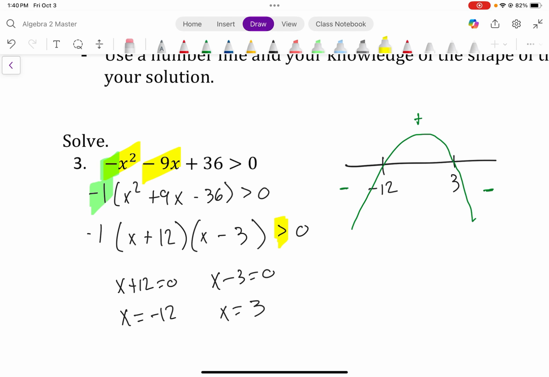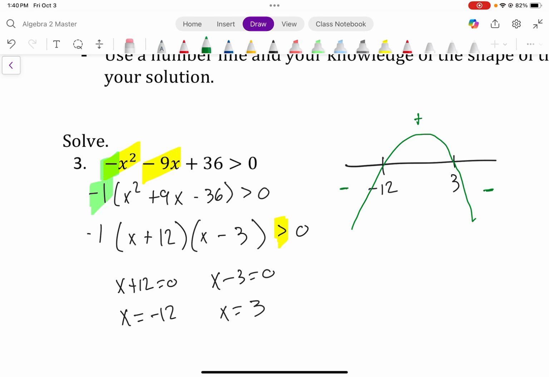I'd have +36, which is definitely bigger than 0. And if I plug in something to the right of 3, say 10, I'm going to end up with a negative number. I'm going to have -100 minus 90 plus 36, which is definitely negative. So I don't need to necessarily draw this parabola as much as visualize, am I opening up or am I opening down? You're going to have sign changes.